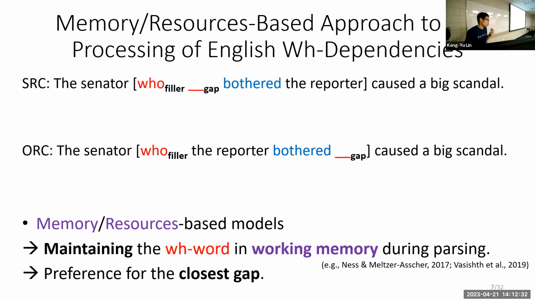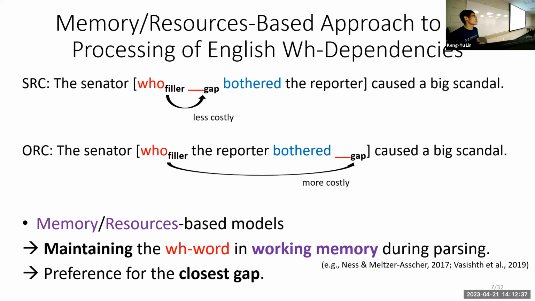So that's why we prefer to have the closest gap, so that we can minimize the cognitive cost for processing. So you can probably guess that SRC might be easier to process than ORC because the distance between the WH word or the filler and the gap is much shorter than in ORC, as you can see here. So according to the memory-based model, SRC is processed more easily than ORC.